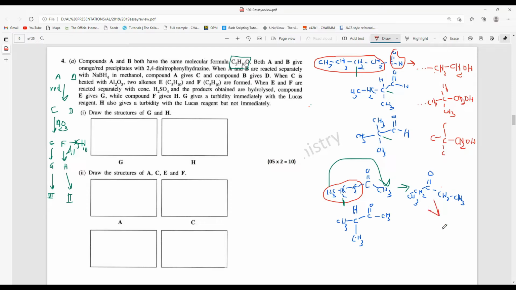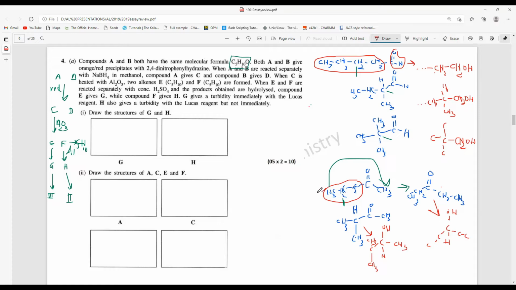These three, now this one would have OH here, and 2 carbons here and 2 carbons here, and there will be 1 hydrogen here. This one again, OH, CH3, hydrogen, CH3, CH3.